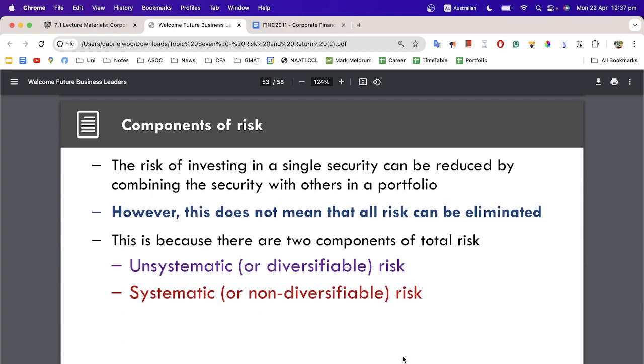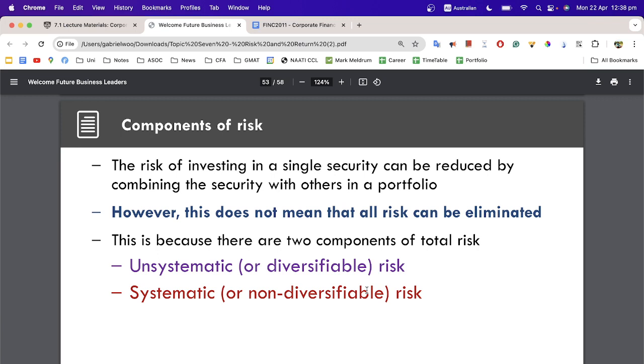Now, the components of risk include systematic and unsystematic risk. Previously, when we talked about how correlation affects risk, the more uncorrelated securities that are added into the portfolio, the more we could decrease unsystematic risk. So the more securities we have that are uncorrelated, the lower unsystematic risk would be.